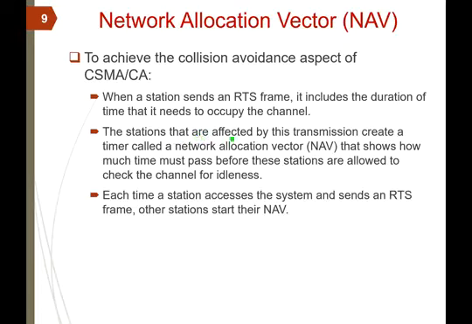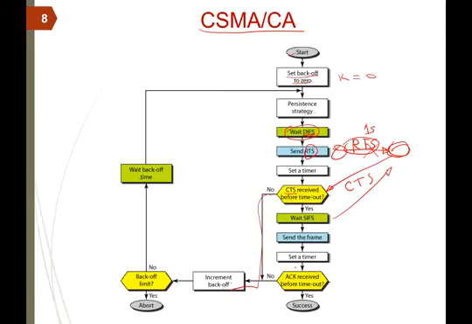Therefore, the stations that are affected by this transmission create a timer called network allocation vector, or NAV, that shows how much time must pass before these stations are allowed to check the channel for idleness. When another station hears this frame, it knows that there is going to be some communication that will take 1 second. So they will start their network allocation vector, and they will not sense the channel during this 1 second. Until this 1 second ends, then they can again sense the channel.